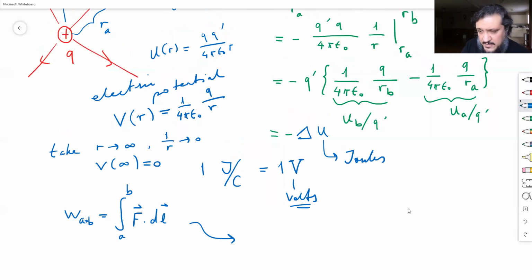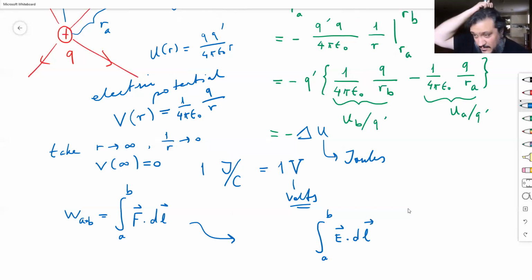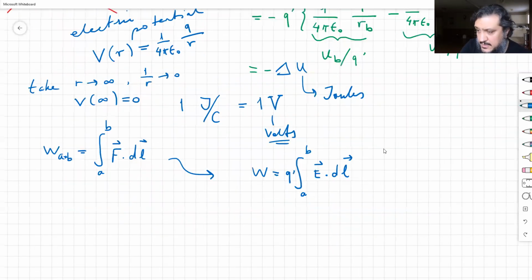So from here, I go to the integral from A to B of E dot dl. Okay, so this was work equal to test charge times E dot dl.